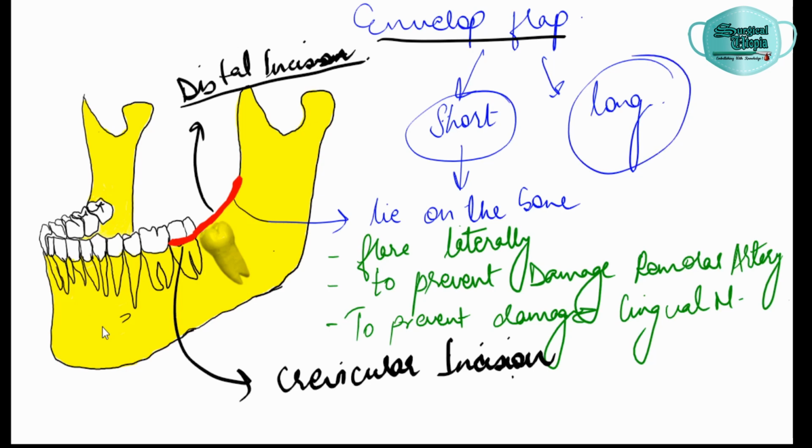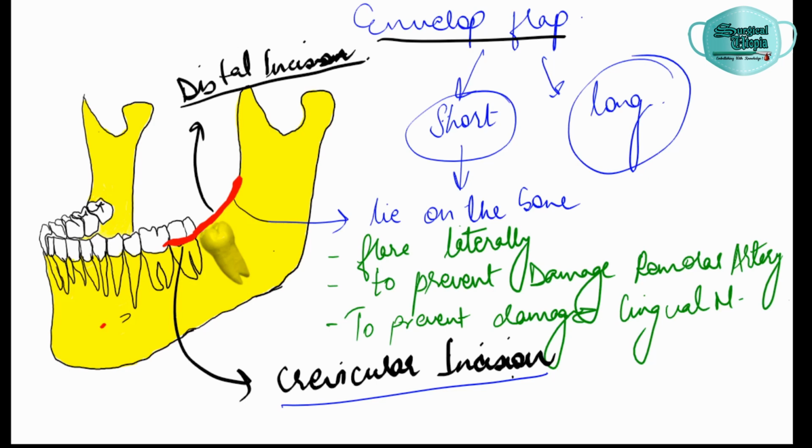The long envelope flap is similar to the short envelope flap except that the clavicular incision will be extended more anteriorly. In the short envelope flap, the incision stopped at the line angle of the second molar region, but in the long envelope flap, the incision will be extended more anteriorly, crossing the interdental papilla between the first and second molar over here, and it will end at the mesiobuccal line angle of the first molar.